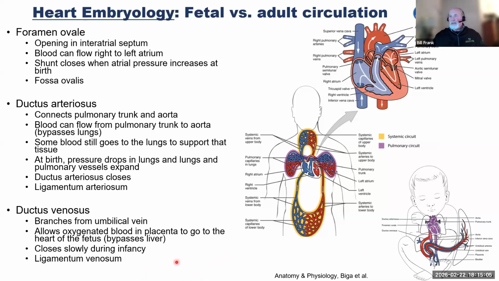So this allows the blood to pass through and then go into the right side of the heart, which then again can shunt into the left side through the foraminal valve and the ductus arteriosus. And this closes slowly during infancy, so this takes a little longer to close. And eventually in the liver, we'll see that as a ligamentum venosum.